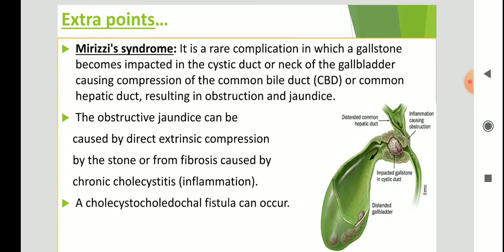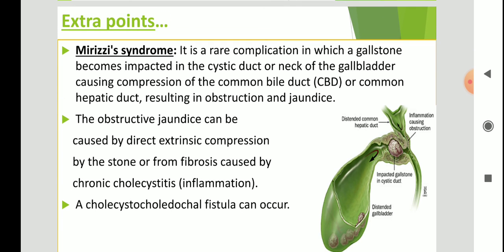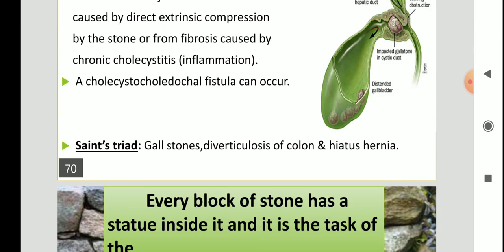The obstructive jaundice can be caused by direct extrinsic compression by the stone or by fibrosis caused by chronic cholecystitis. So a cholecystocholedochal fistula can occur.